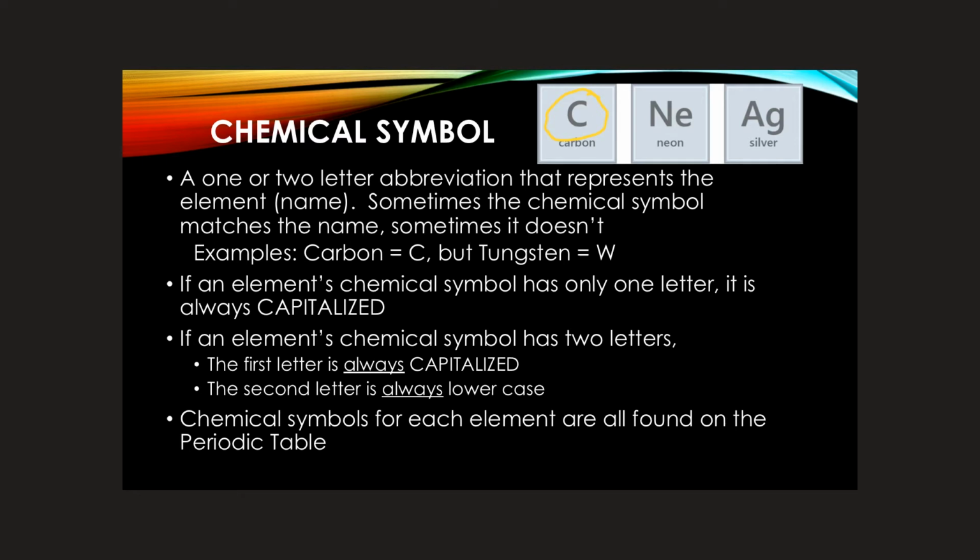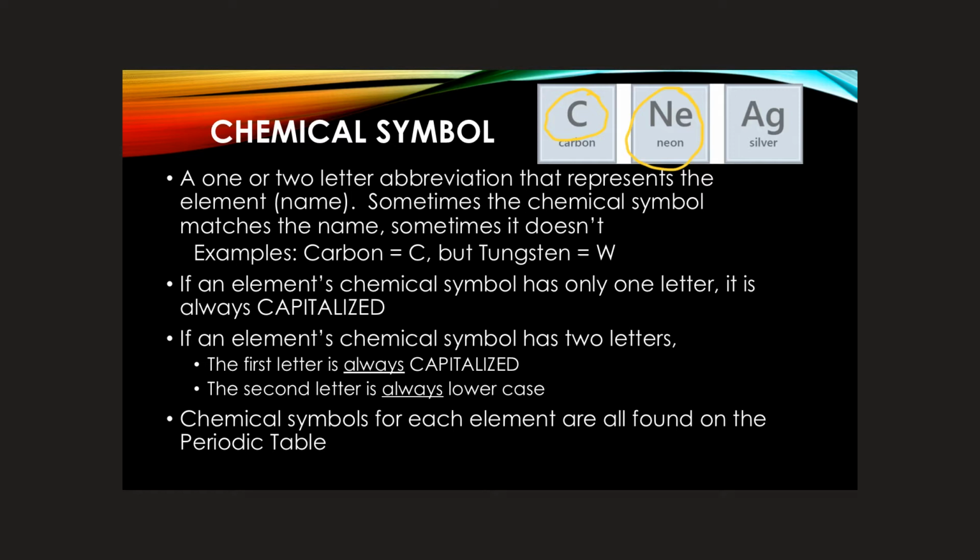There's never a chemical symbol that has two uppercase letters or two lowercase letters. So it's always uppercase, lowercase. And that's going to be important when we go to determining what type of atoms are in a chemical formula. So for example, let's look at neon. Right here, there's a capital N and a lowercase e, and that represents the chemical symbol for the element of neon.